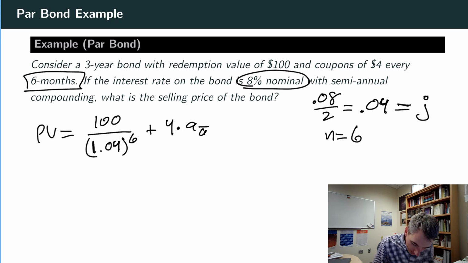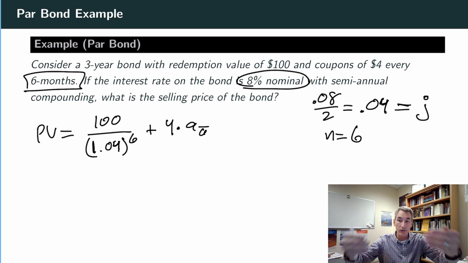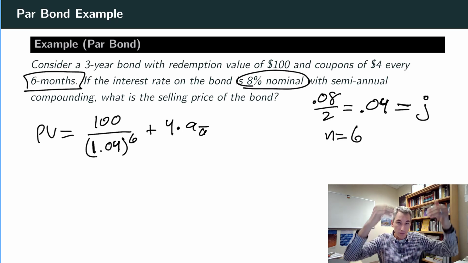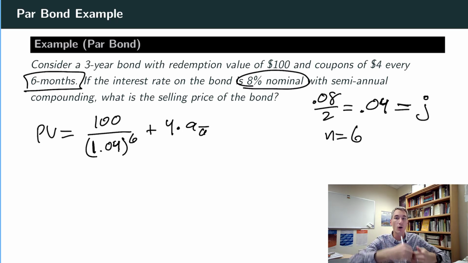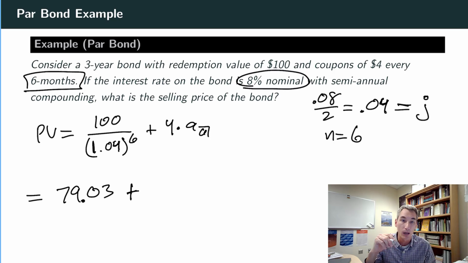So that's $79.03. Notice $100 3 years from now is only worth $79 now. That's what we mean when we talk about present value. So $79 invested now will be worth $100 in 3 years if it's invested at 8% nominal with semi-annual compounding. Then we have the annuity formula, 1 minus 1 over 1.04 to the 6, divided by 0.04.